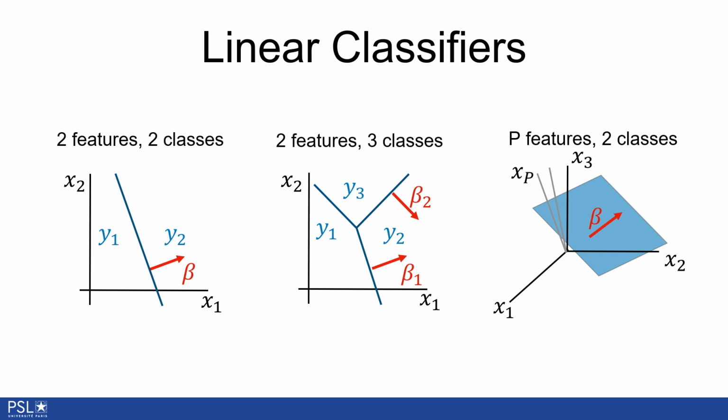For p input features, it's a p-1 dimensional plane. In general, a hyperplane in p dimensions is defined by a p-dimensional vector orthogonal to it, and again we will call this vector beta, as in the case of linear regression. Of course, if we have more than two classes, we will have more hyperplanes and therefore more vectors beta. This is the general geometric interpretation of linear classifiers.